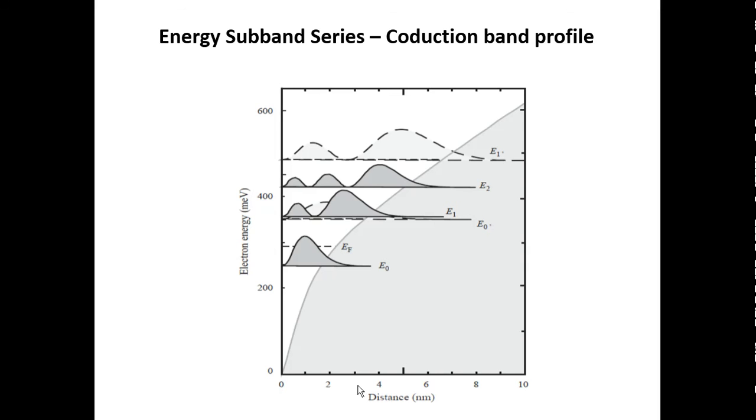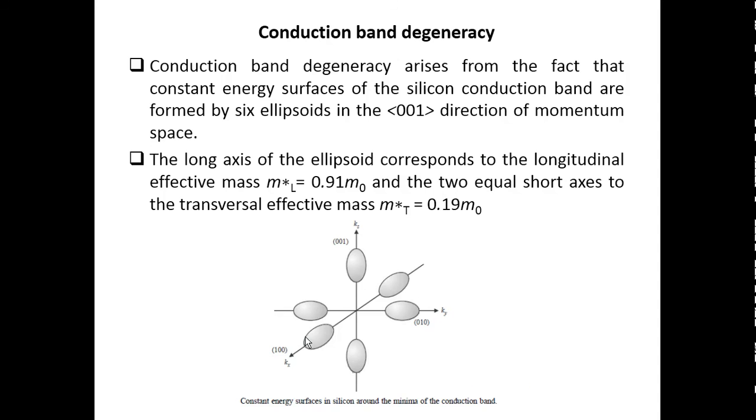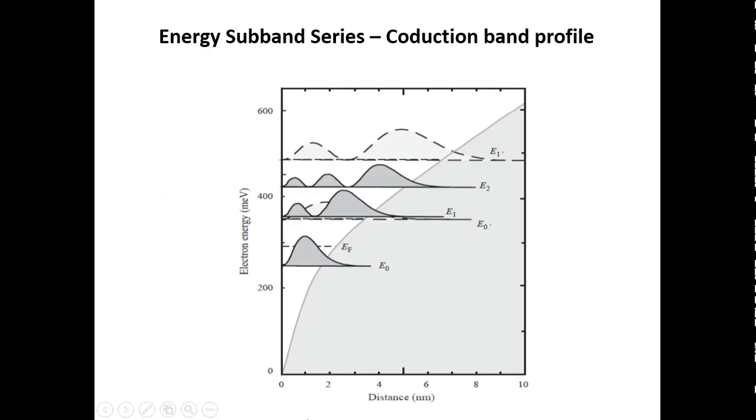Just like what we have seen for the degeneracy case, the conduction band degeneracy, the constant energy surface for the silicon conduction band. So when we consider the conduction band subbands, the profile of the conduction band energy subbands is shown here.